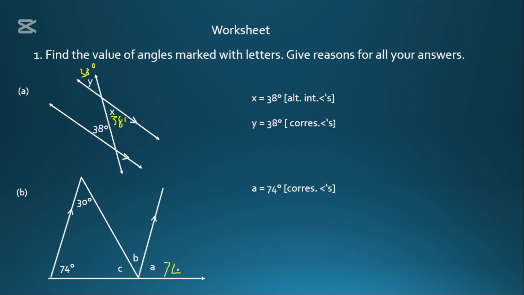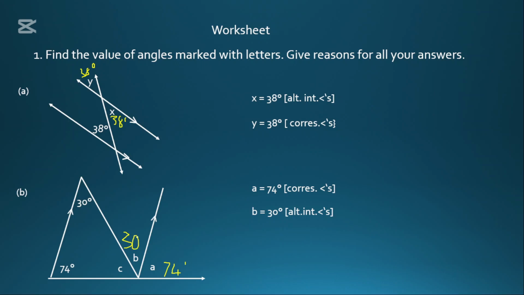Now we move to B. You see your two parallel lines, your transversal over there, opposite sides. So B and 30 degrees, they are alternate interior angles. B is also equal to 30. Reason, alternate interior angles. So we have B is 30 here.